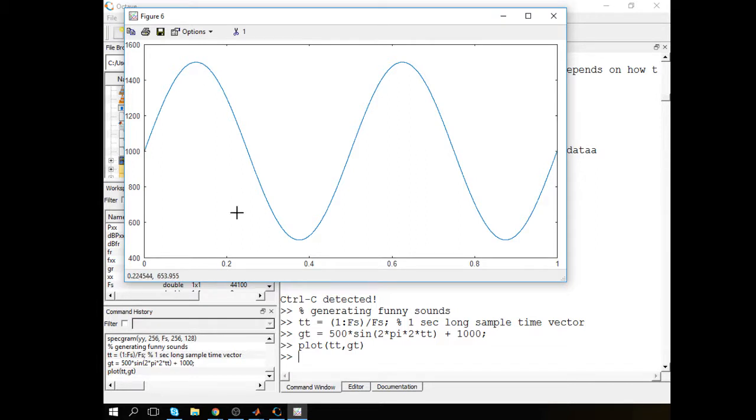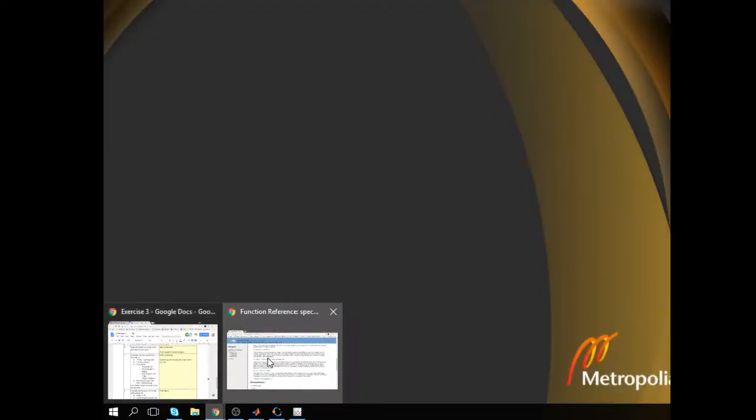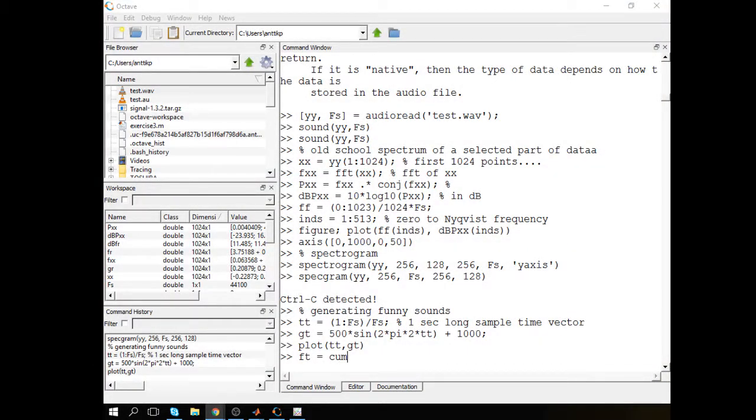Something like that. Let's see how close I will get it. And the trick is to do the numerical integration of that one, the cumulative numerical integration, which basically means sum. Okay. So f(t) equals... I need to check the function reference manual for this one.